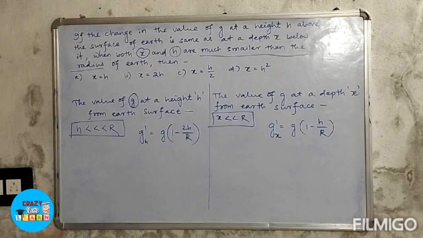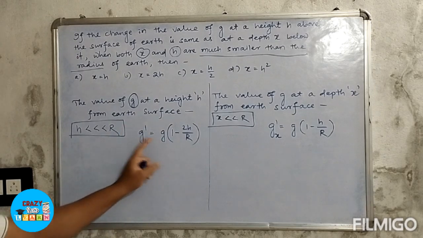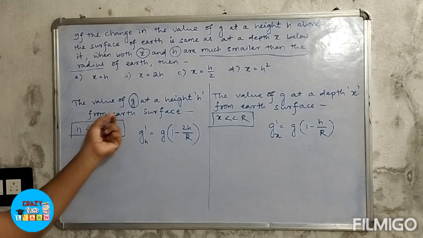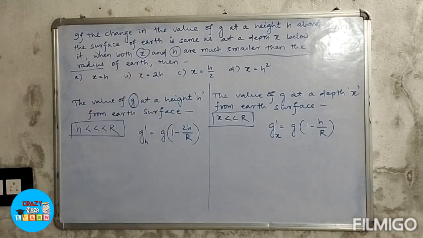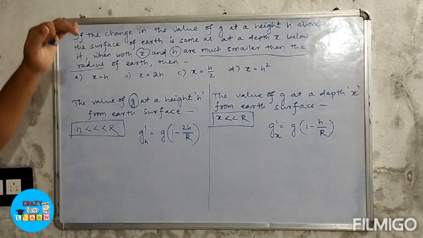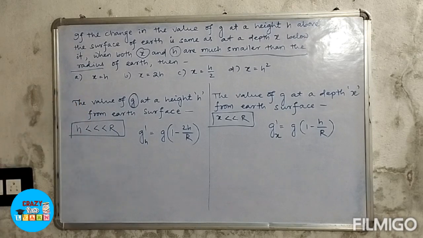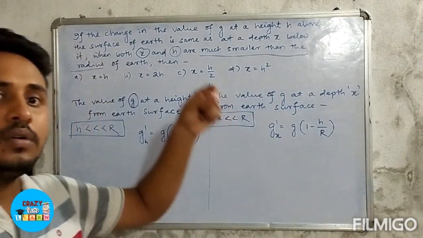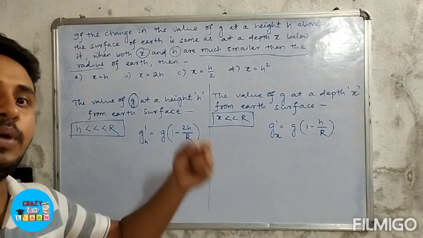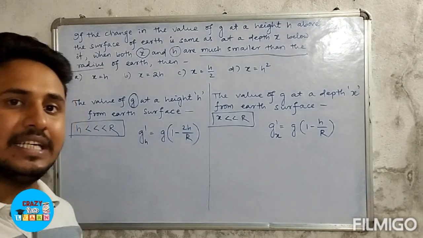From these two formulas, what you are getting now is that the value of small g decreases with increase of altitude or increase of height. When we go to a higher altitude, the value of g decreases. Similarly, when you go to the depth, the value of small g also decreases.